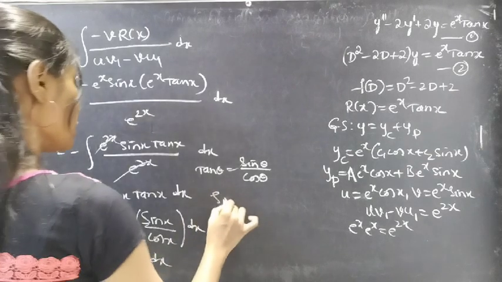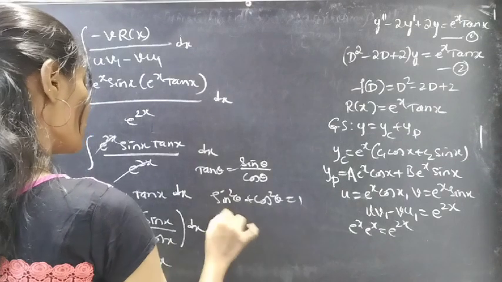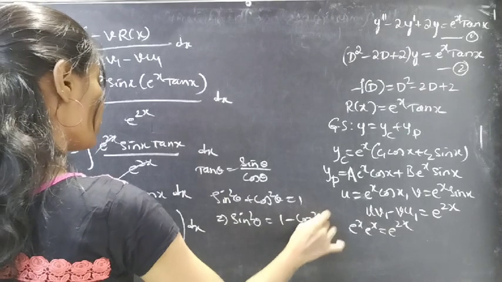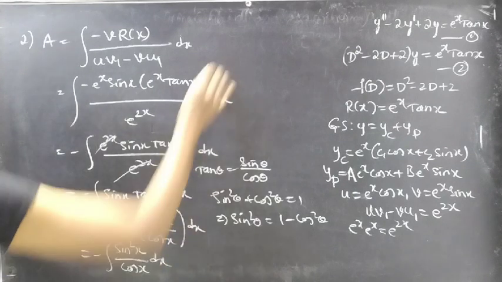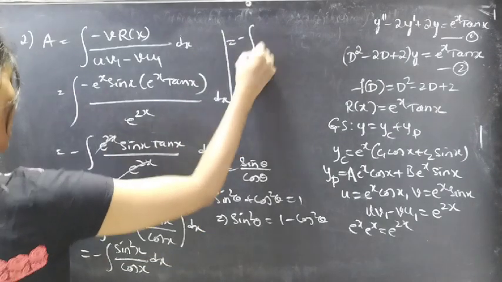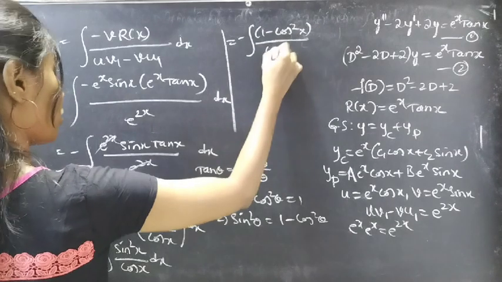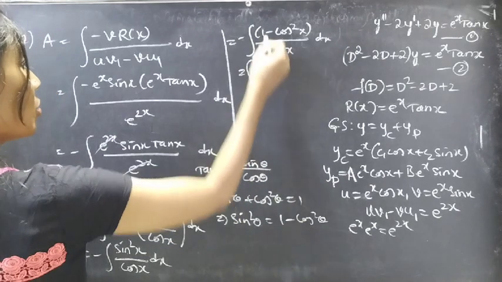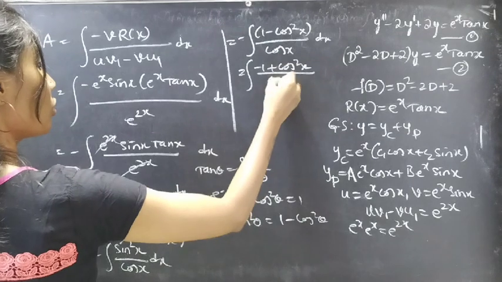Since we know that sin square theta plus cos square theta equals 1, we get sin square theta equal to 1 minus cos square theta. So just replace sin square x with 1 minus cos square x. This gives minus integral 1 minus cos square x by cos x dx.